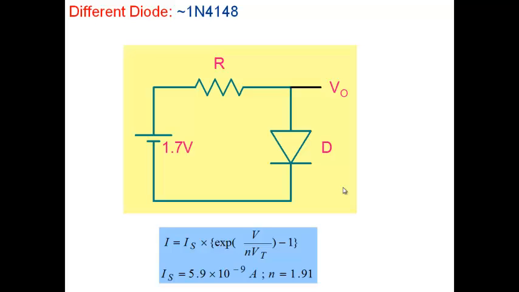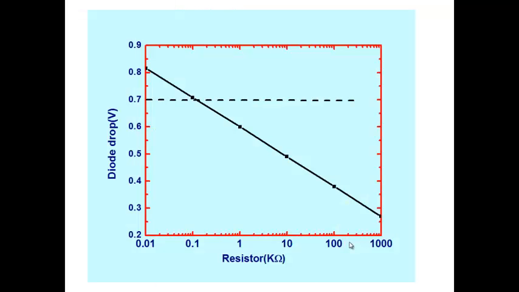The other source is that I can make diodes of different areas. I can make a diode which has a very small cross-sectional area, and therefore its IS becomes small. And for another diode, I can make it of a larger area, and IS becomes large. So depending on the area of the diode also, I get different amounts of saturation current. All that I was trying to illustrate is that my diodes can differ drastically in terms of the saturation current that you see here.